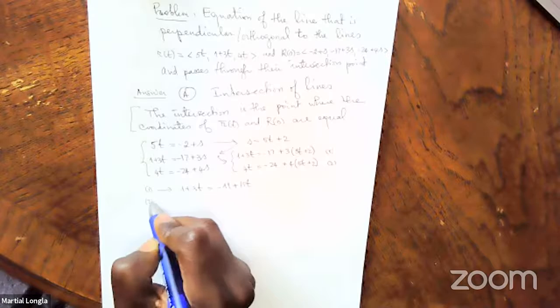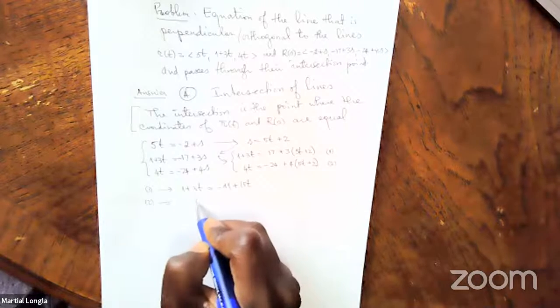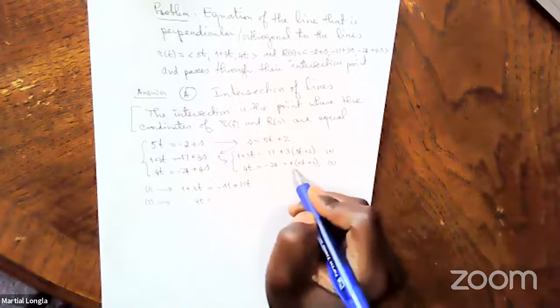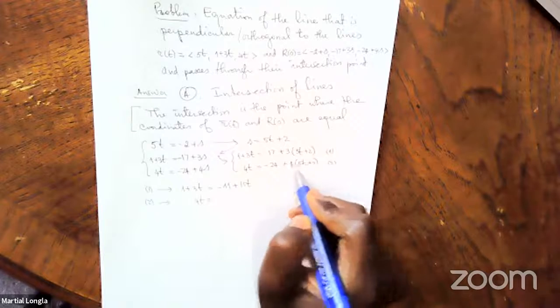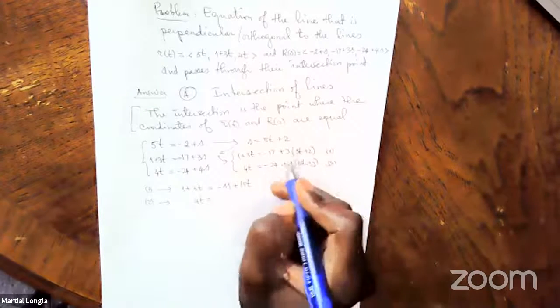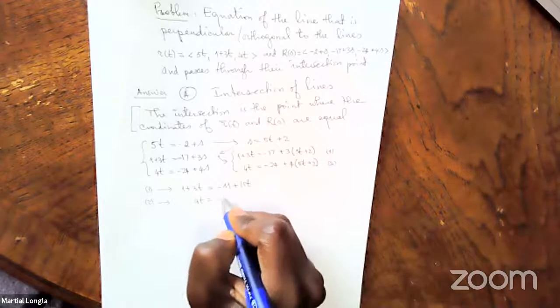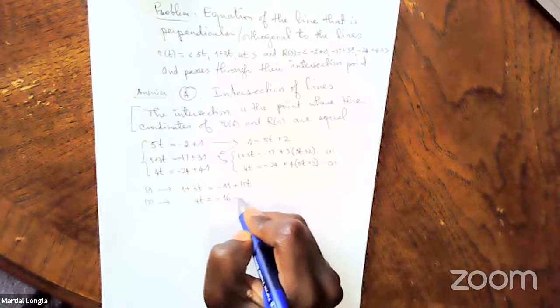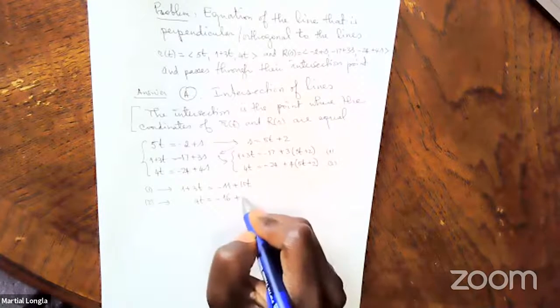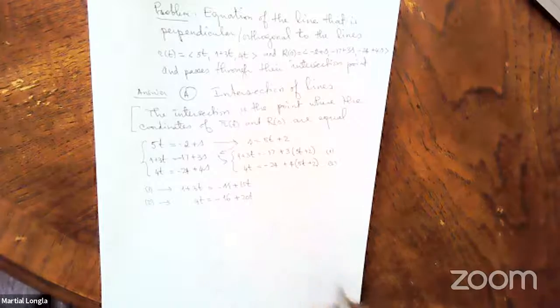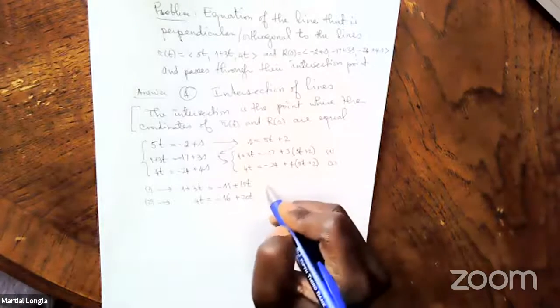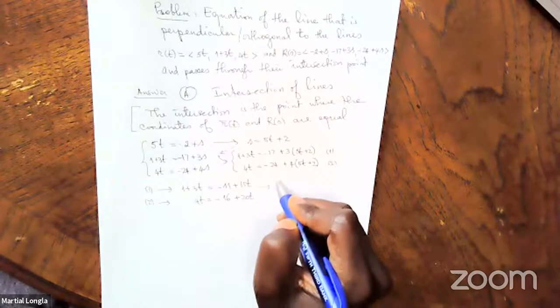And 2 tells you 4t equals 4 times 2 is 8, negative 24 plus 8, that's negative 16, I guess, plus 20t. And so we solve this for t.